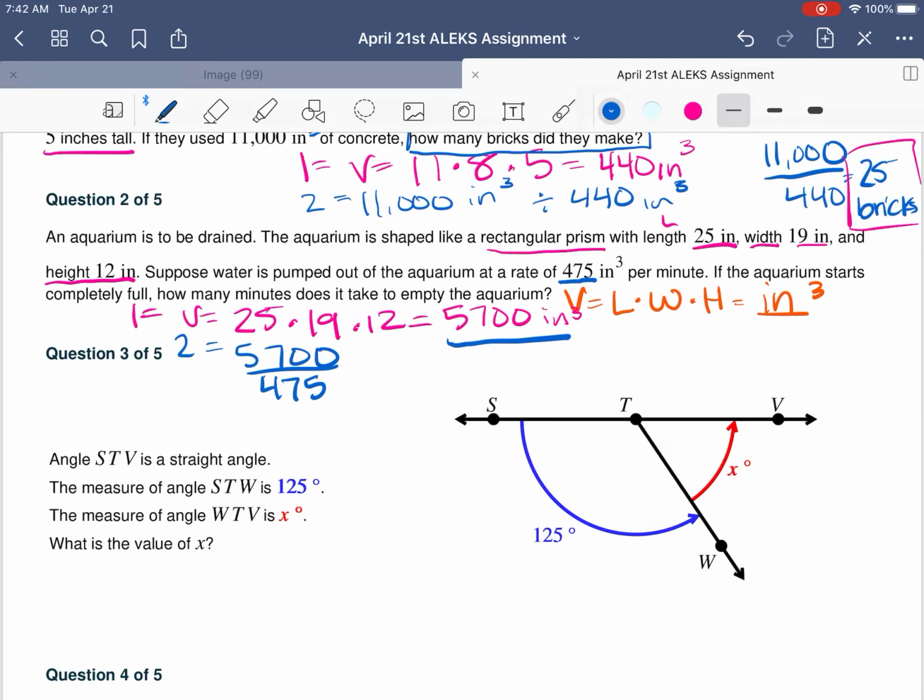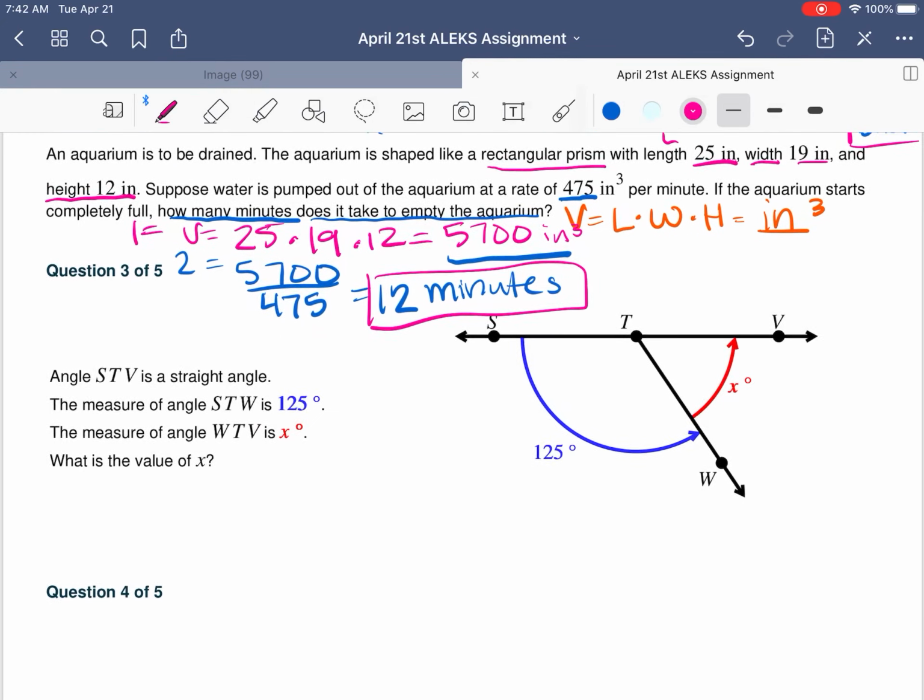If I take 5,700 and divide it by 475, it equals 12. My answer would be, because it's asking how many minutes, 12 minutes that it would take to empty the aquarium. So that is number 2.